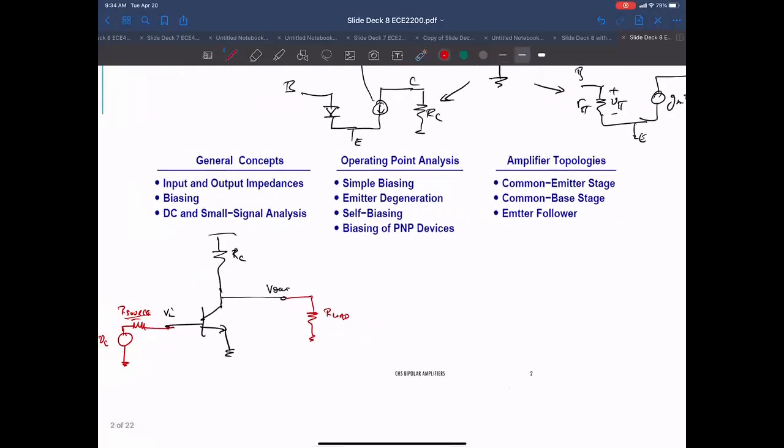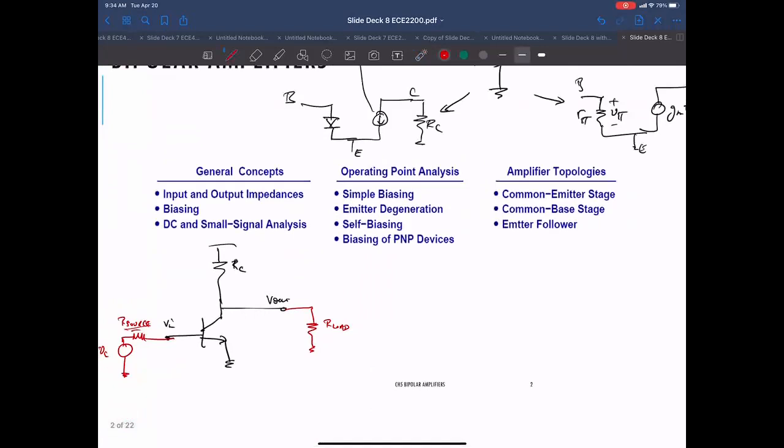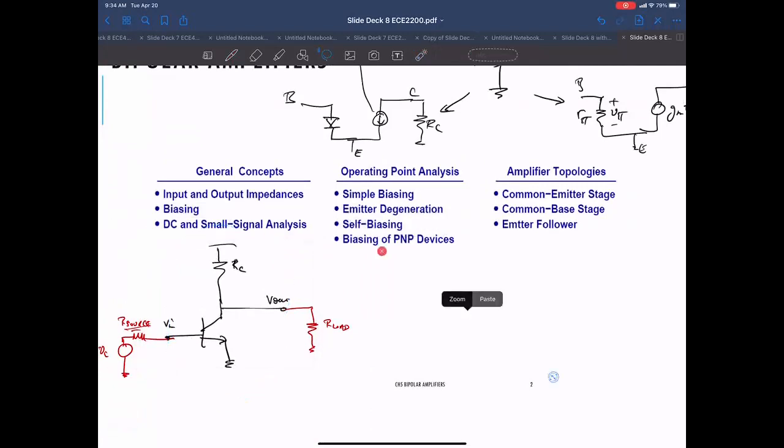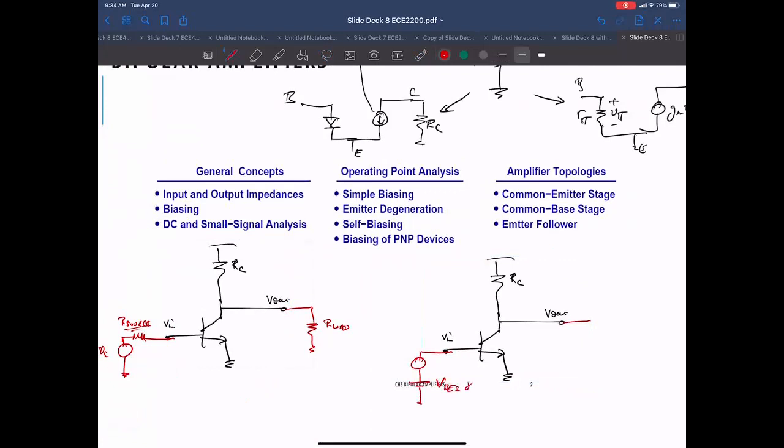Okay. The other thing we did was we said, well, we need to bias this amplifier at a certain bias point. And we did something kind of cheesy: I'm just going to draw a battery here in series with my input, and I'm going to make this battery 800 millivolts or something like that to create the right bias.